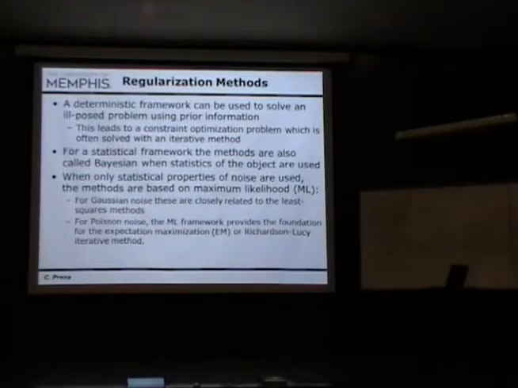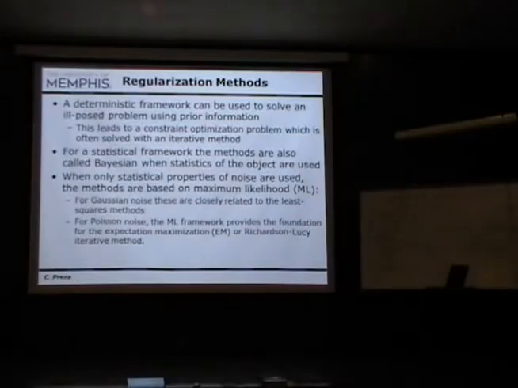If Poisson noise is the model that I'm using, then the maximum likelihood framework is solved with an algorithm called the expectation maximization algorithm, which also goes by the name Richardson-Lucy iterative method, after people that contributed also in its development.